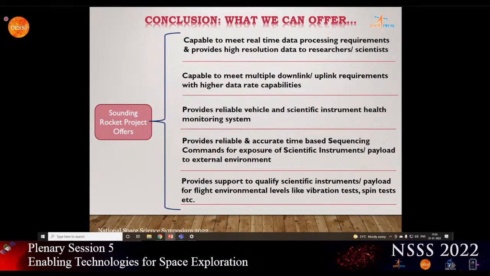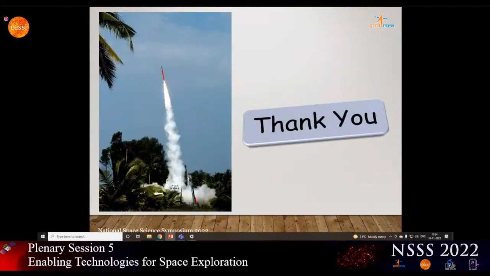We can also support scientists and other agencies in qualifying their scientific instruments and payloads for various environmental tests like vibration tests, spin tests, and acceleration tests. All such facilities we can provide as a collective effort. So that's all from our side.